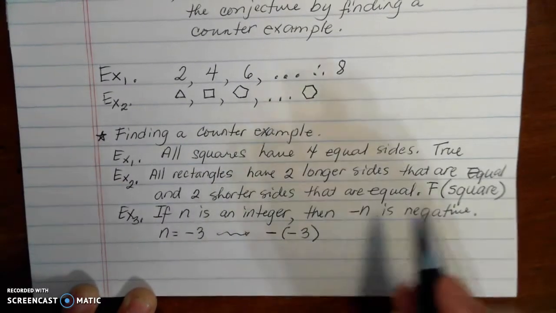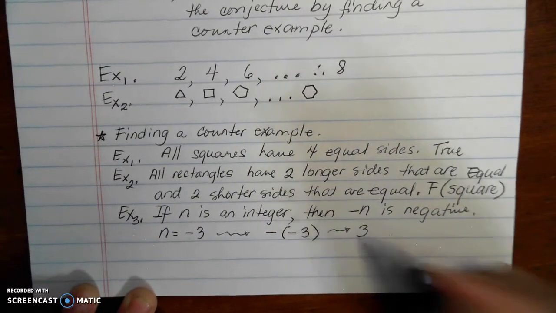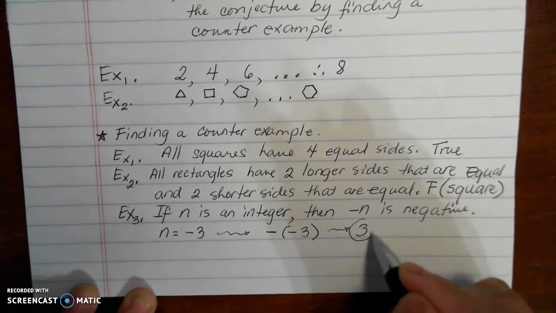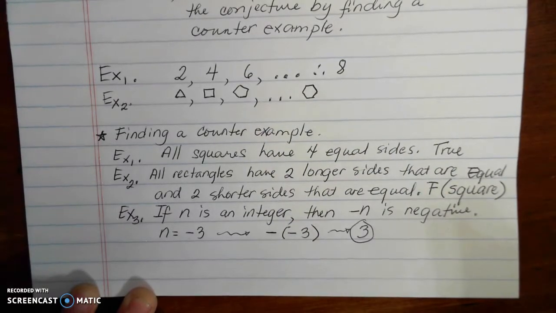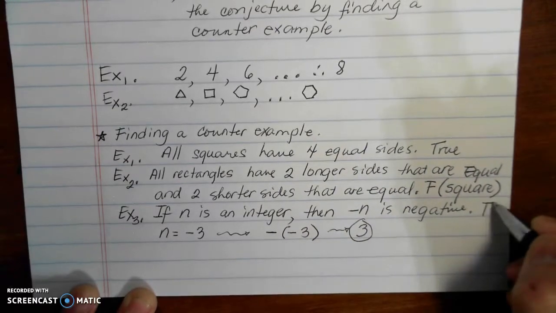That is coming out as positive. So this is a positive 3. And that is my counterexample. Therefore, I can say that in this case, this statement is false.